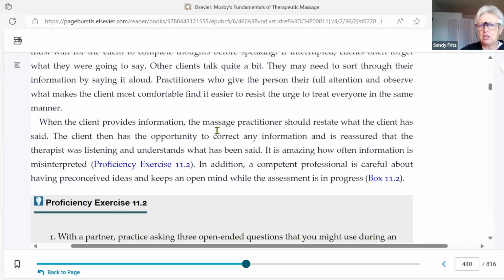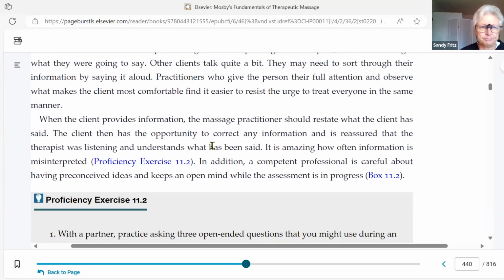And they might even be chatty during the massage and talk about things that are not massage related. You listen through the chatter and see if you can find relevant information. But your job is to sieve it through the therapeutic massage interaction and not to talk about yourself or take the chatter away from the massage approach.